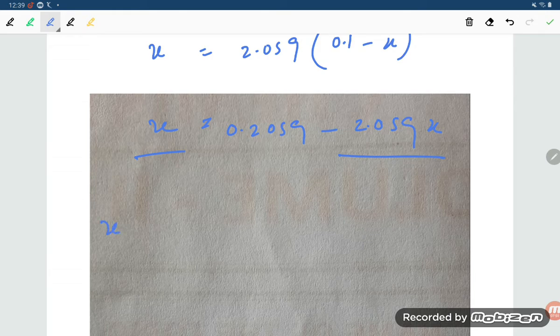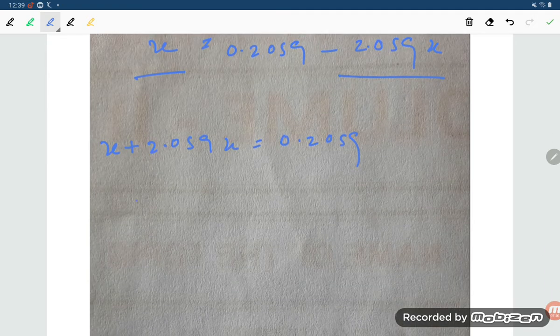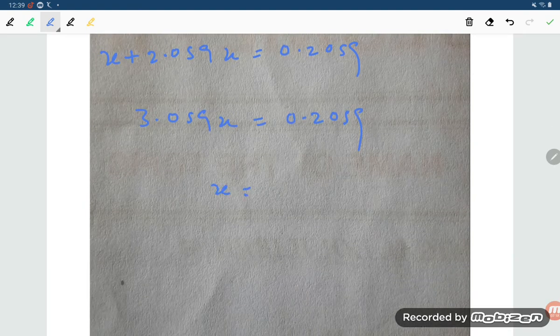So X plus 2.059X is equal to 0.2059, right? That is 3.059X equal to 0.2059. So X is equal to 0.2059 upon 3.059.